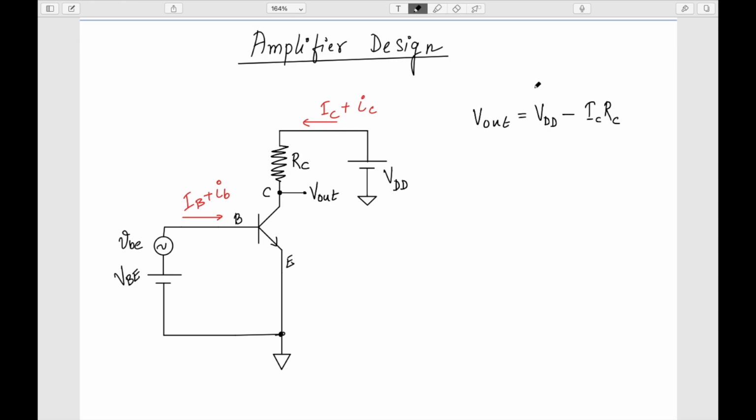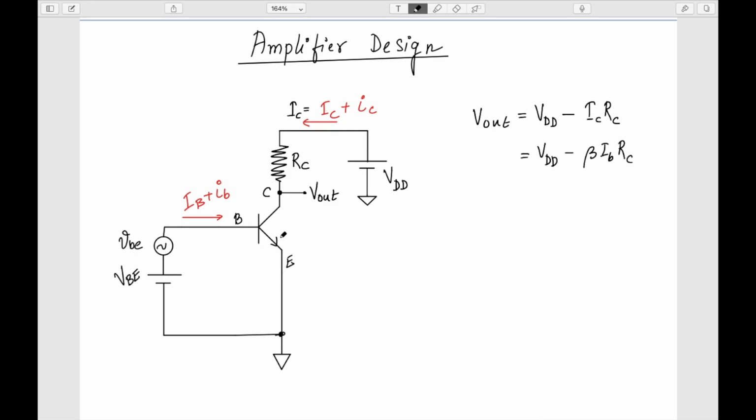And here when I'm writing VDD minus IC RC, this IC is basically the summation of this DC IC and a small change, okay? So now I can write this as VDD minus beta times IB RC.